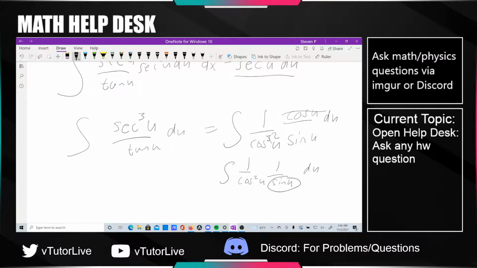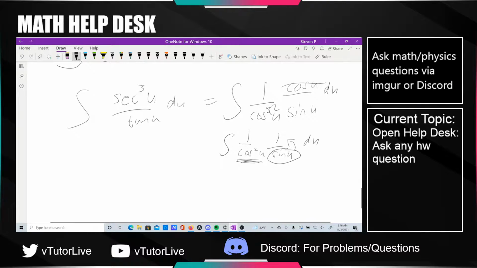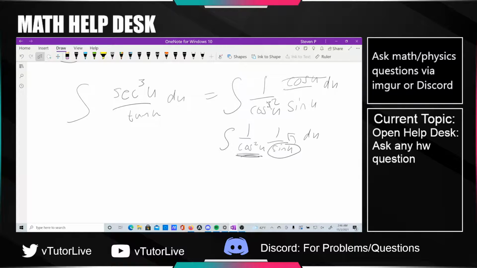If only the sine was up here, we would be golden. This would be so easy, because then you could just use u-sub by letting u equal cosine, and the sine would absorb the chain rule. But unfortunately it's pretty darn nasty, and we have to think of something to do about it.